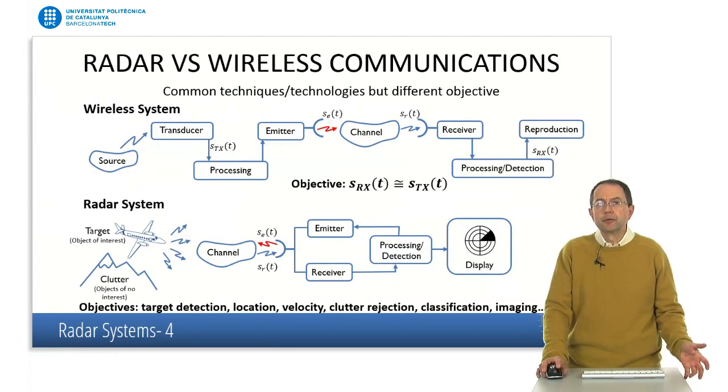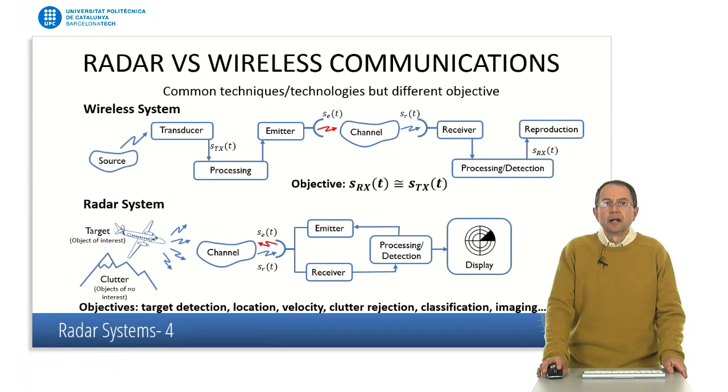Okay, let's compare at this point a radar with a wireless communication system. A wireless communication system, which is here in the first half of the slide, has the mission to transport information. So we capture information from a source.